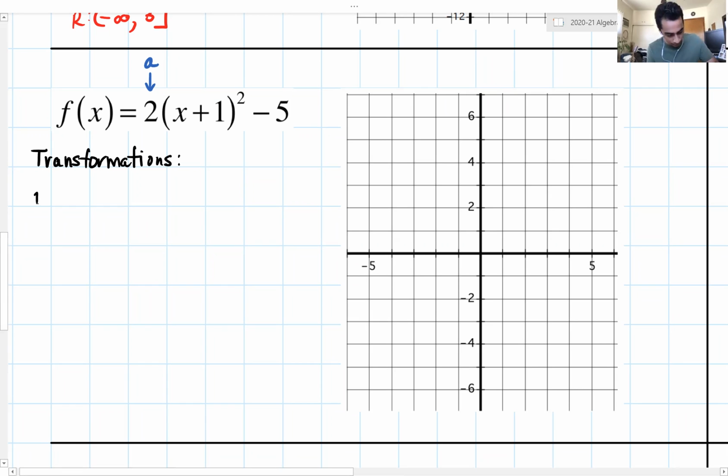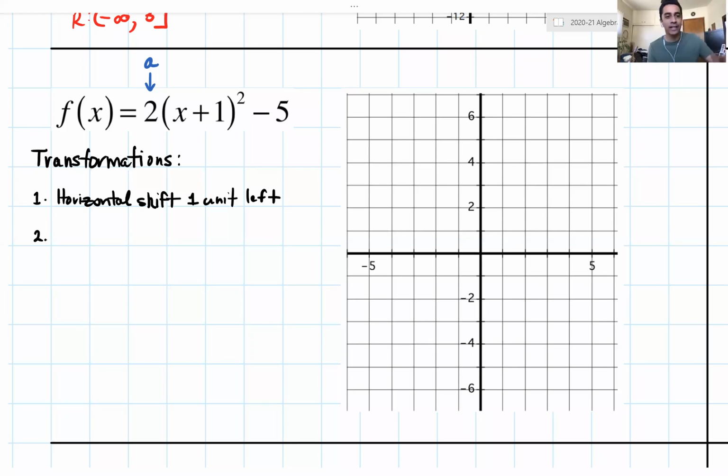All right, so first transformation, horizontal shift, one unit left. Okay, what's next? Yeah, now we have a vertical stretch, because we finally have a value that is larger or smaller than 1.